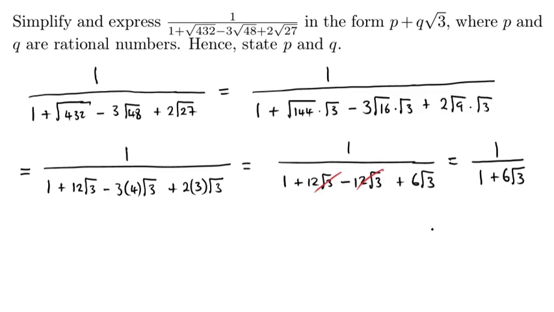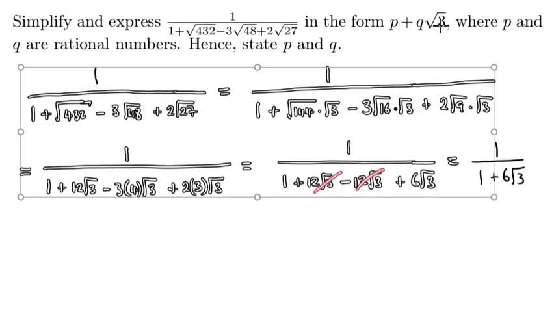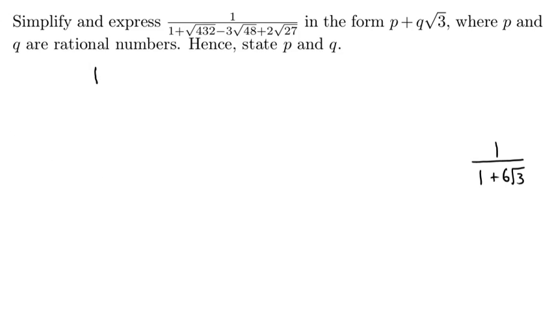So now we have to rationalize what we have. So it's 1 over 1 plus 6 root 3. The conjugate here is 1 minus 6 root 3 over 1 minus 6 root 3.